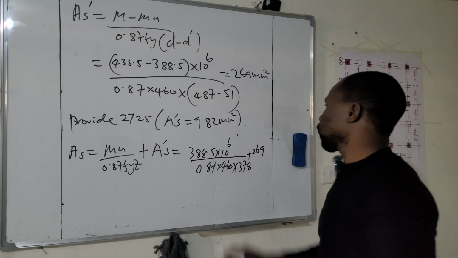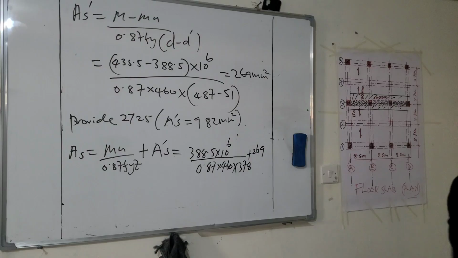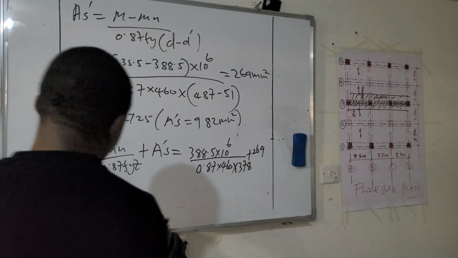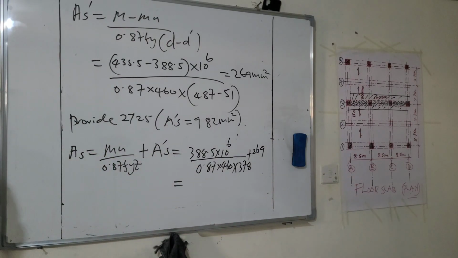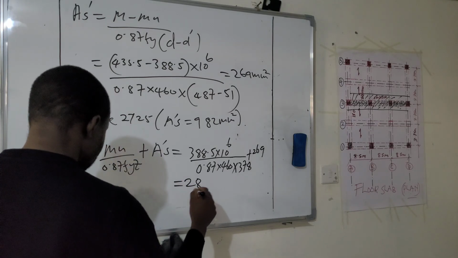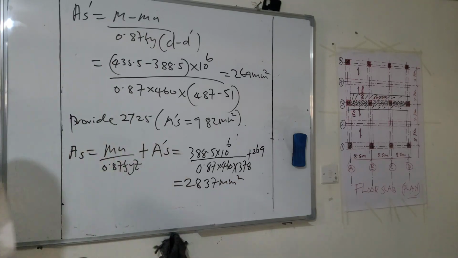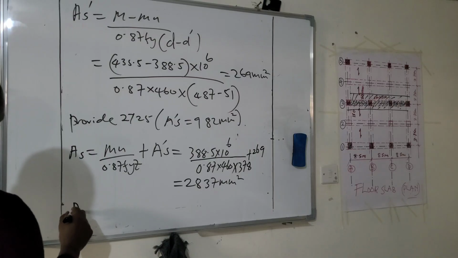This is the area required and not the area provided, so you add the area required. So this one is equal to 2837 millimeter square.